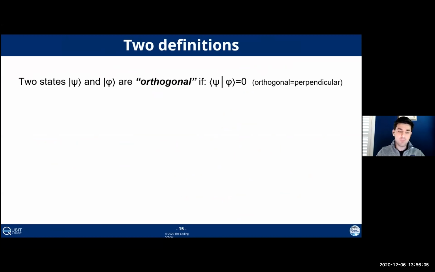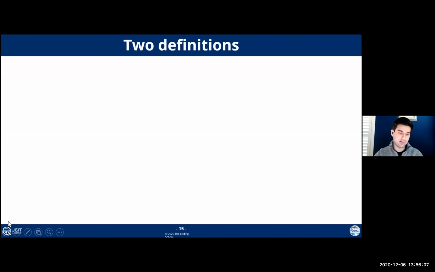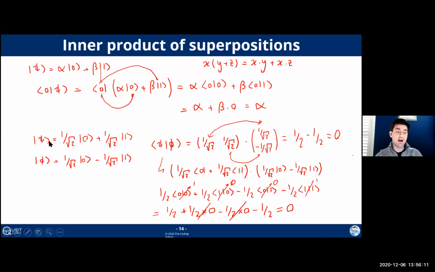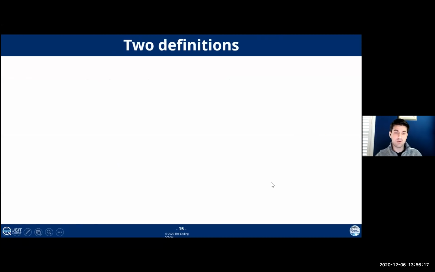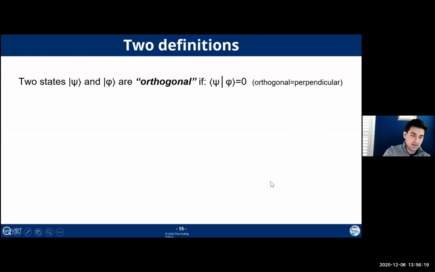And the example, let me go back a slide, is that the states psi and phi here were orthogonal to one another because their overlaps were 0. Another example is the states 0 and 1. These are orthogonal again.